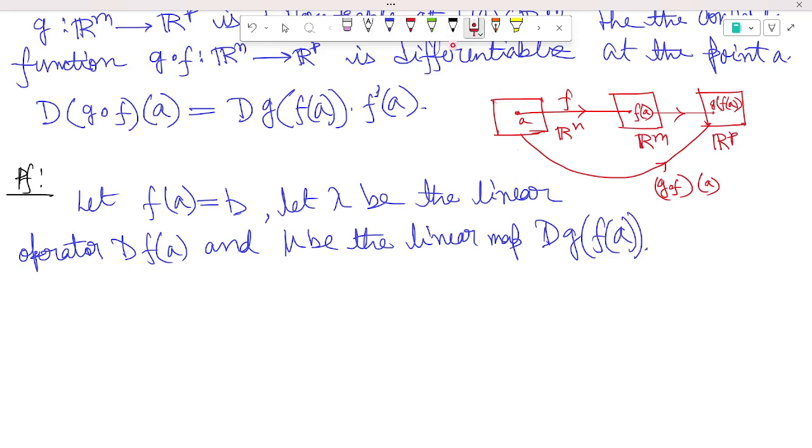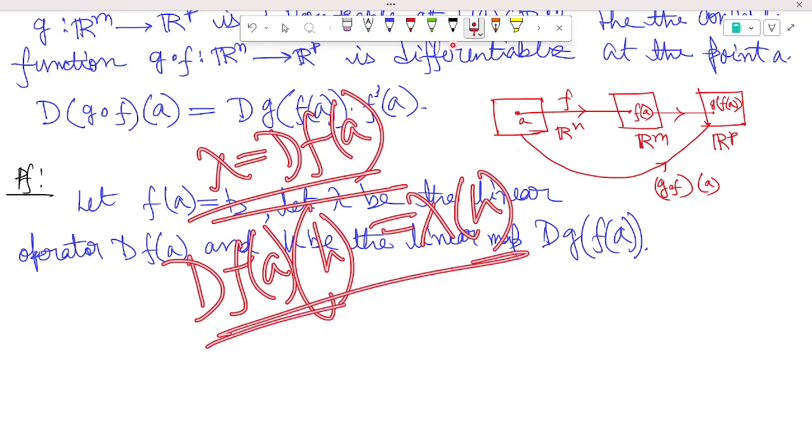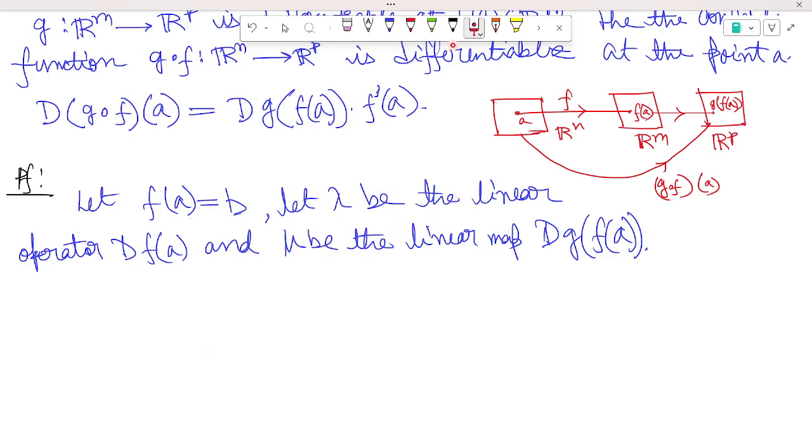This is what we assumed, right? So in the previous lecture, we sometimes denoted lambda by d of f at a. So d of f at a applied on h, that is lambda of h. That is the value. And mu is the linear map, d of g at b. So lambda is defined from Rn to Rm, and mu is defined from Rm to Rp, d of g at f(a).